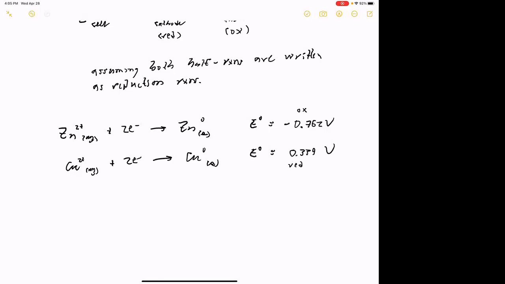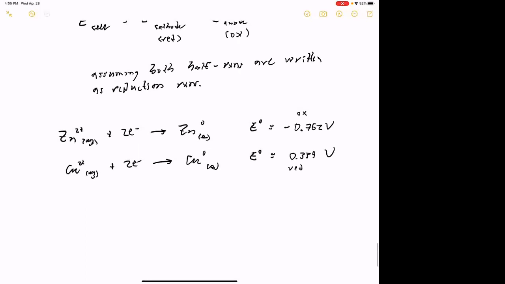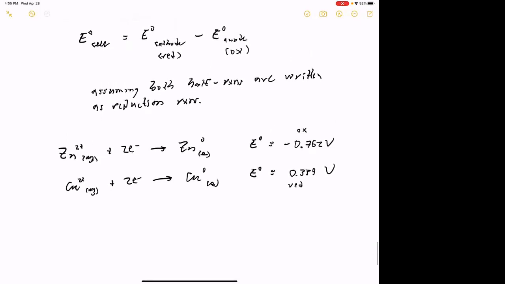Now, if I want to calculate how much voltage I can get out of this cell under standard conditions, I can do that, right? I have an equation for that. So I know that my E0 cell is going to equal the E0 for the cathode. What did we say that was? That's the 0.339, because that's where reduction takes place, minus that for the anode as written.